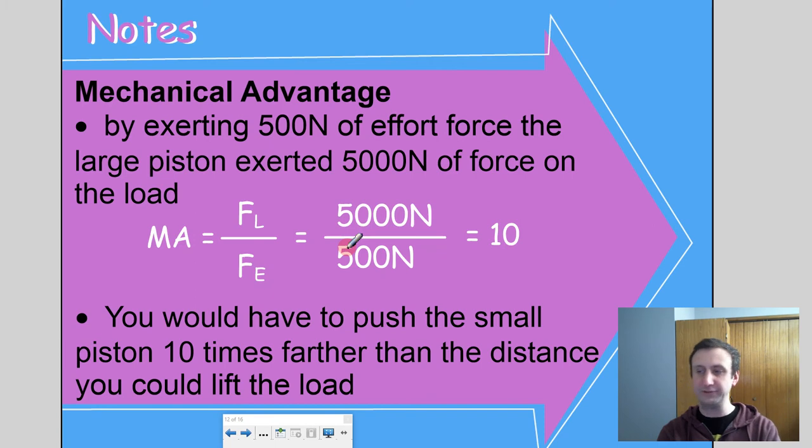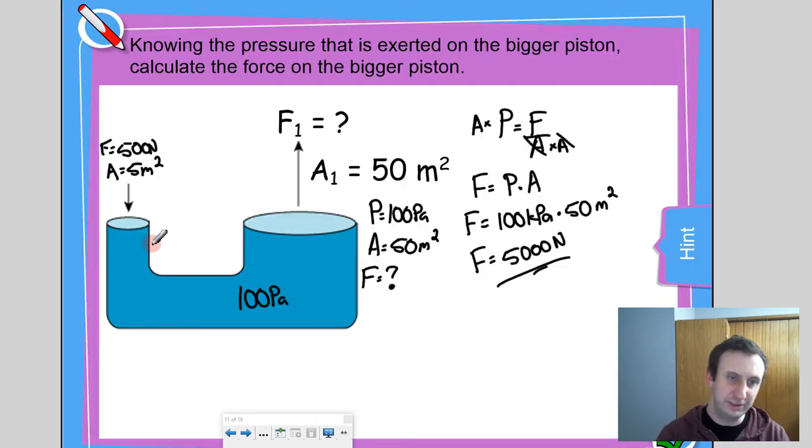What is interesting is that just like for the lever, I would have to push the small piston down 10 times as far as the large piston moves. So if I push down the small piston 10 centimeters, then the large piston would only go up 1 centimeter.